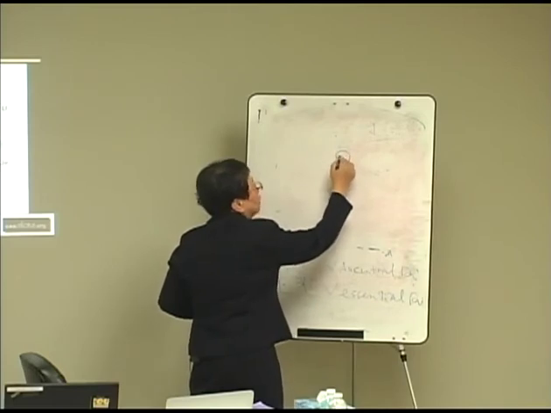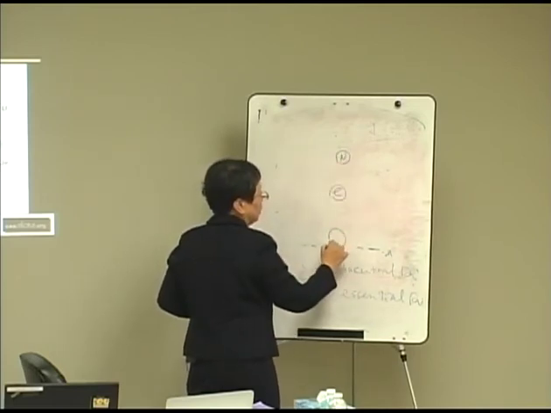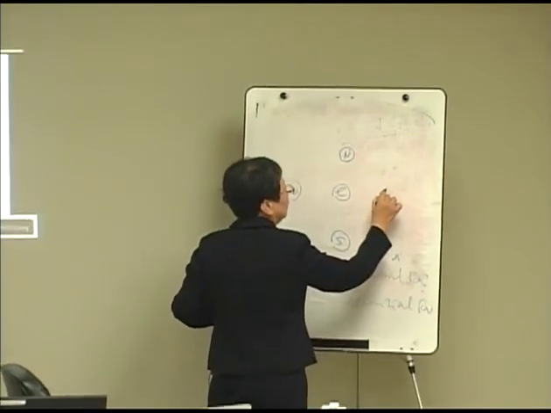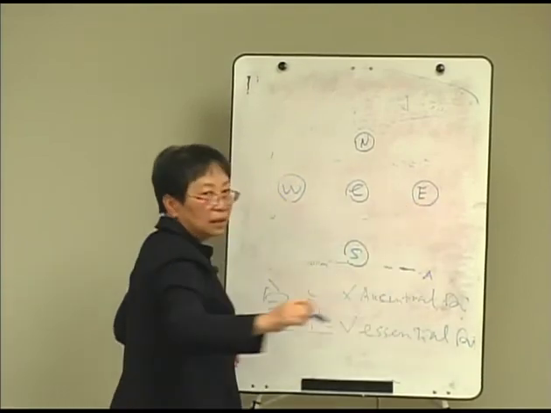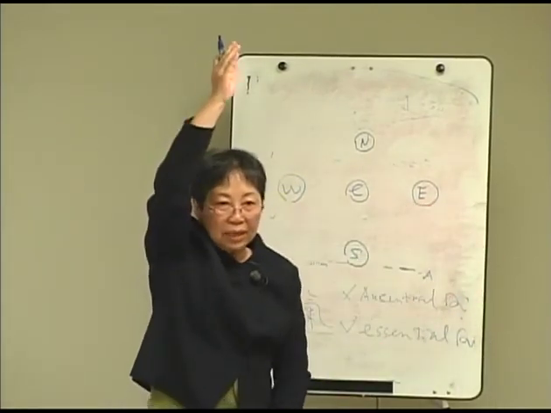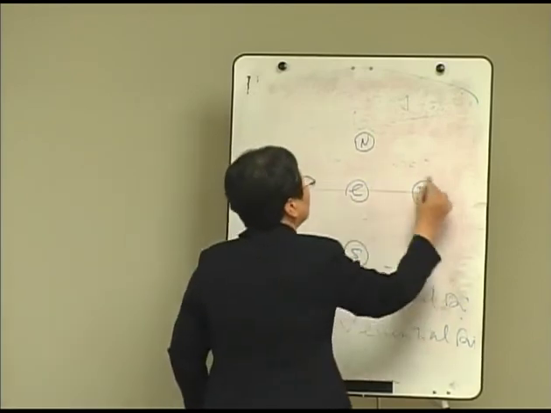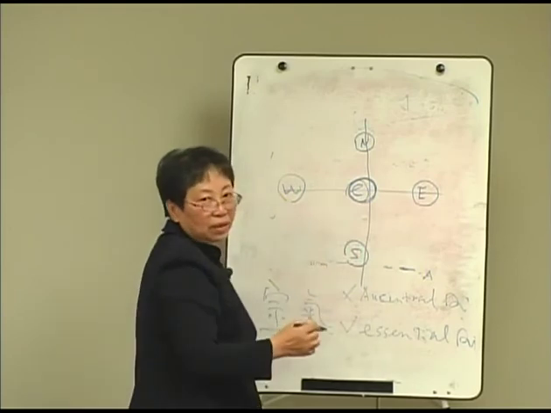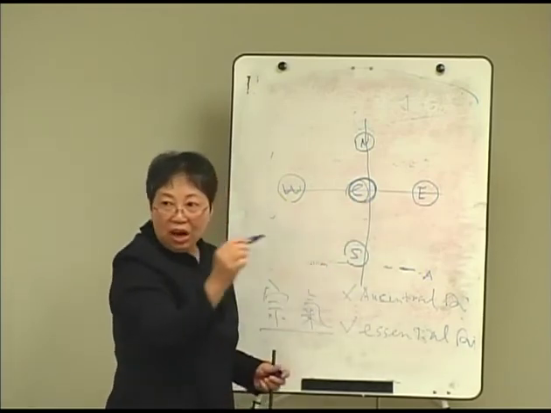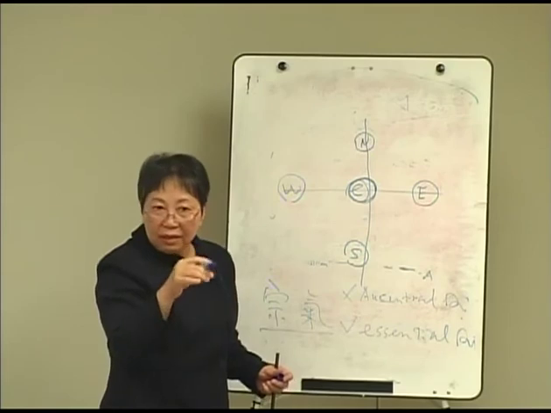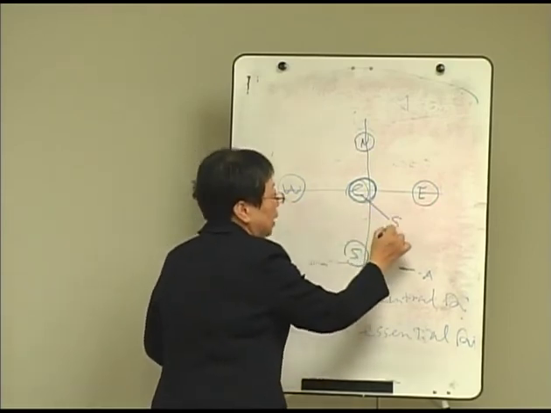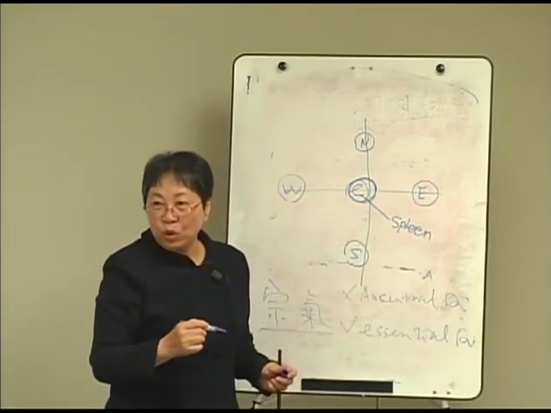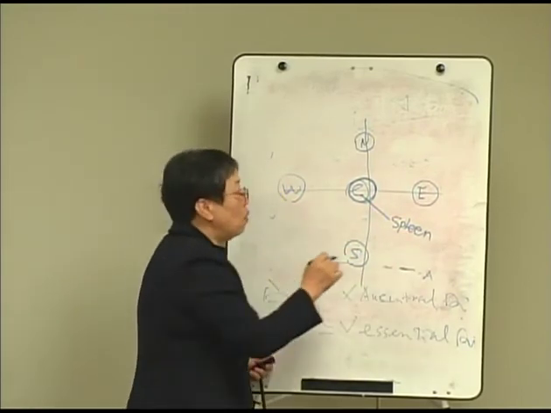And if we say this is north and this is south, this is west, this is east, but this center, this is the axis. And in the classic book, this earth as a center talks about the spleen. It singles out the spleen, saying that it is a loner, 孤脏, a lone organ.